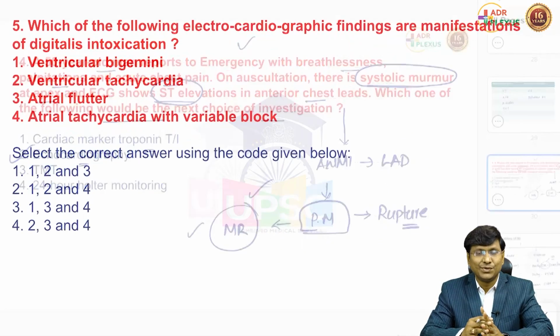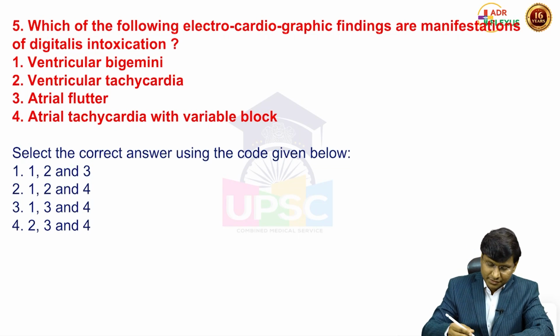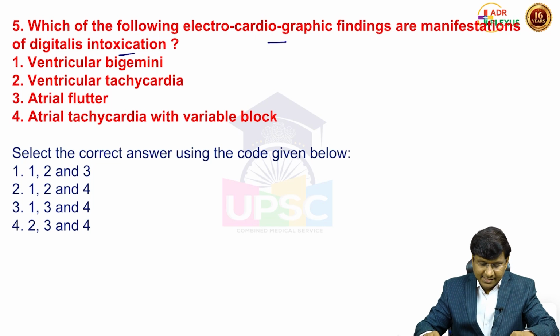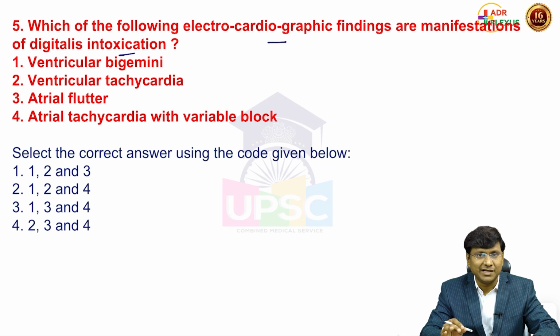Then coming to the 5th question: which of the following electrocardiographic findings are manifestations of digitalis intoxication? Ventricular bigeminy, ventricular tachycardia, atrial flutter, atrial tachycardia with variable block.